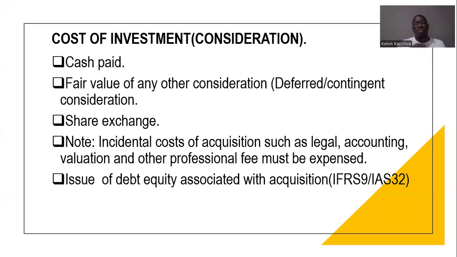I think we are going to look at that when you start looking at questions. The other one that we have is a contingent consideration. With contingencies, we agree that certain things must be done in order for me to pay you.